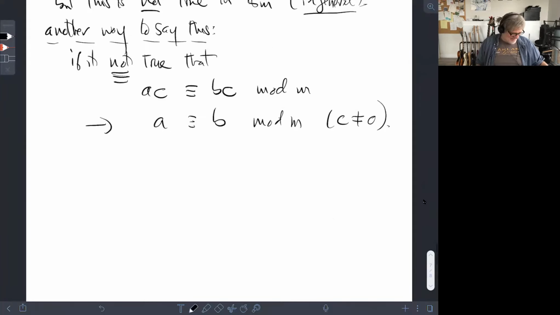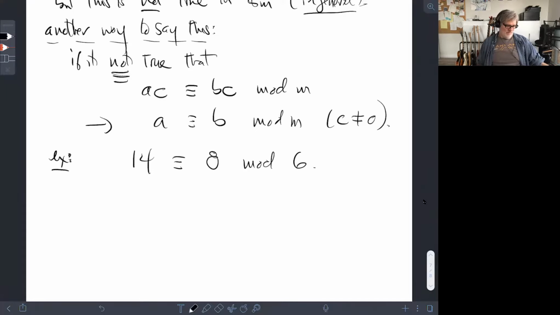Damn. Okay, so here's my example. Now it makes sense. If you look at 14, it is congruent to 8 mod 6. Both are the same as 2 mod 6, right? This is clear. But if I divide by 2, right?